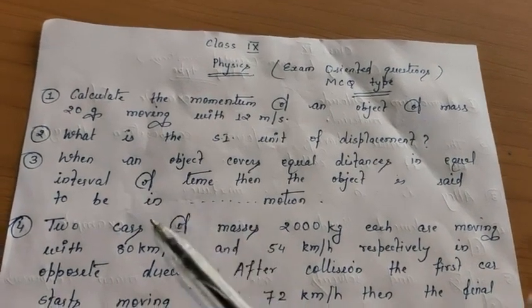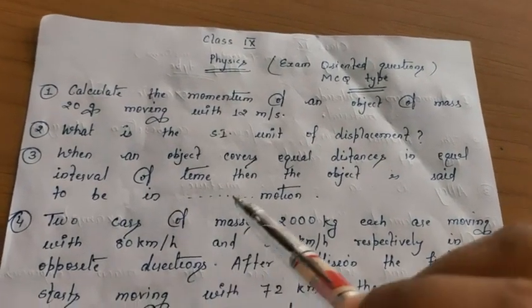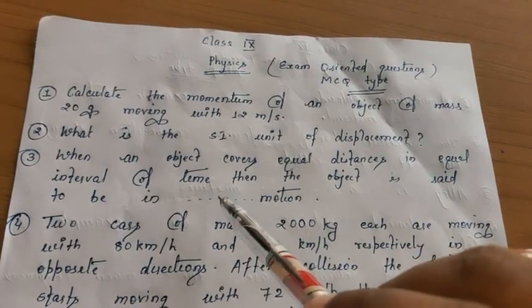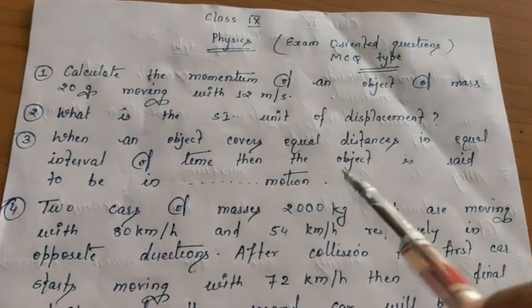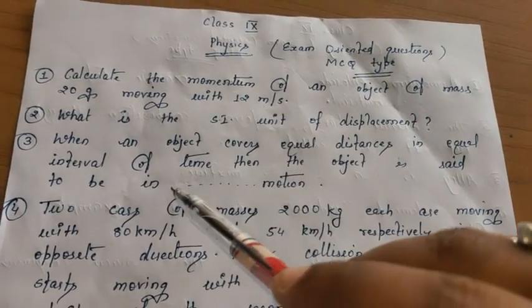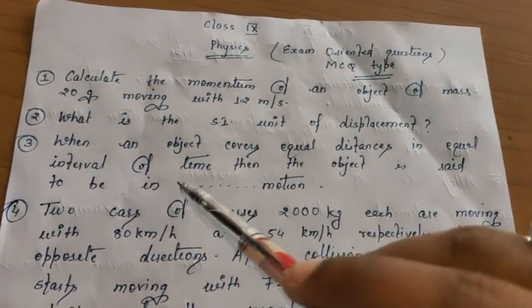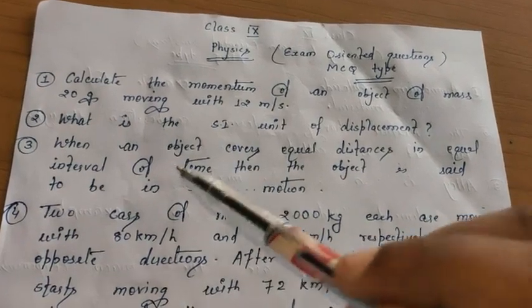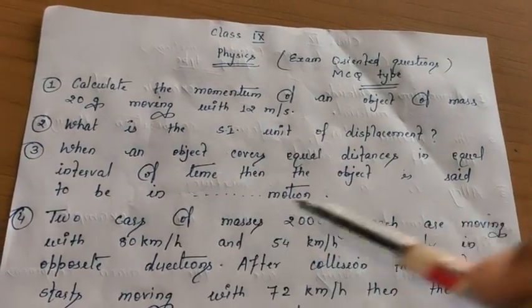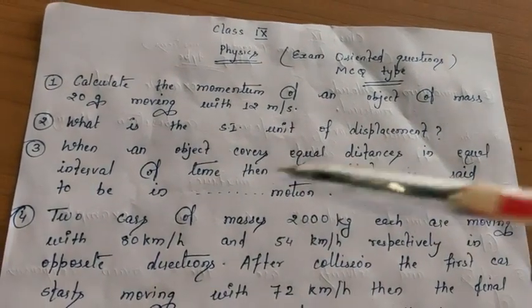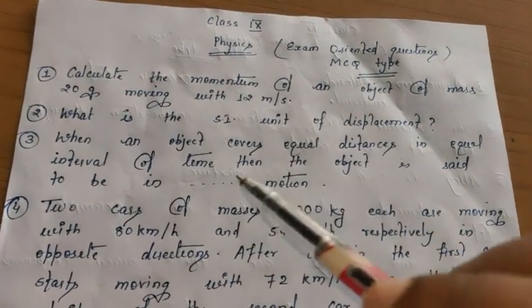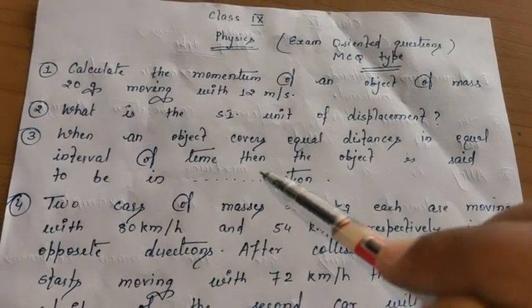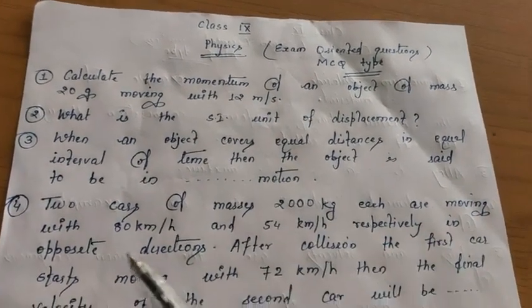For example, in this question the answer is uniform motion. So there will be 4 options, like A uniform, B non-uniform, C can't say, D all of these. Out of these 4 options, only one option is the correct answer. That you will have to tick.